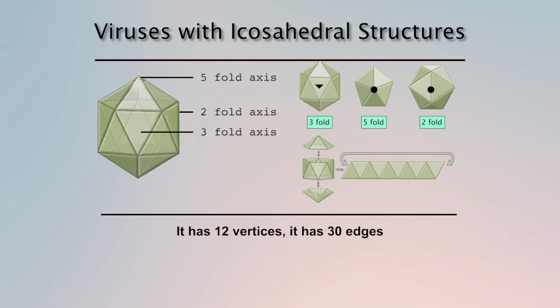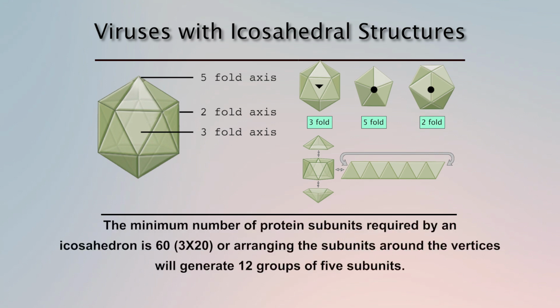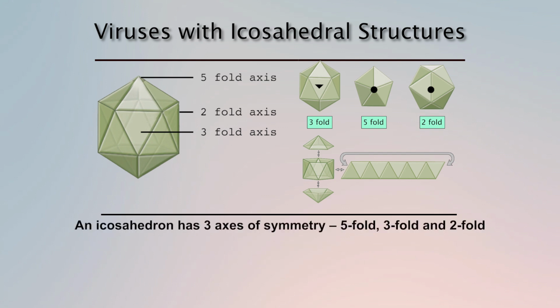It has 30 edges and 12 vertices and requires 60 protein subunits, and hence they form a group of 5 protein subunits at each of the vertices. It has 3 axes of symmetry: 5-fold, 3-fold and 2-fold axes of symmetry.